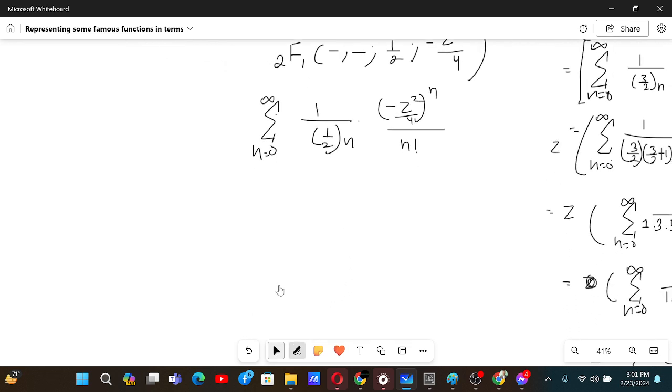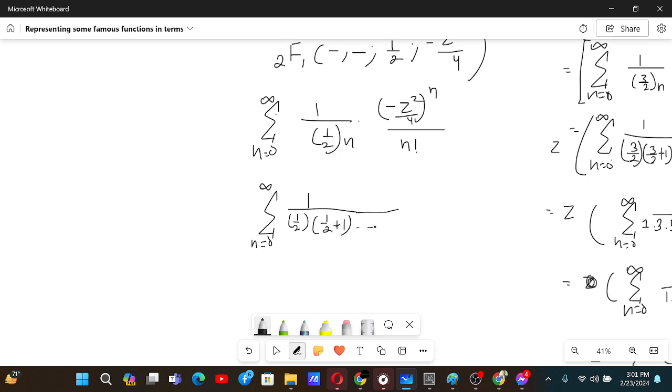After that, we have sum from n equals 0 to infinity, 1 by, so this is 1 by 2, 1 by 2 plus 1, yeah, and then up to 1 by 2 plus n minus 1. Now this is minus 1 to the power n, g to the power 2n by 4 to the power n times n factorial.